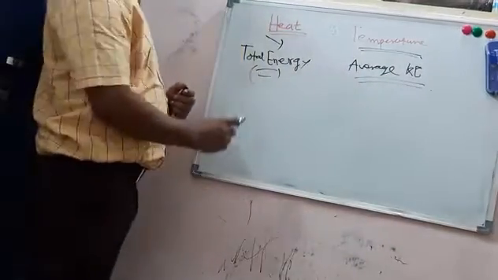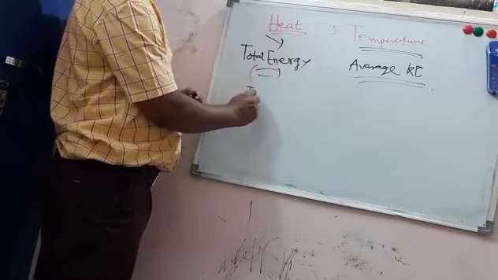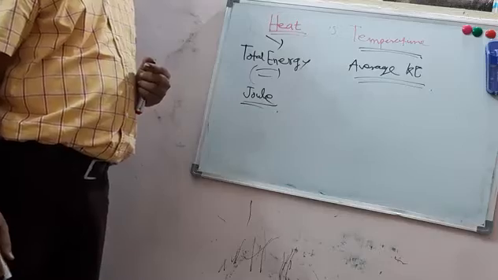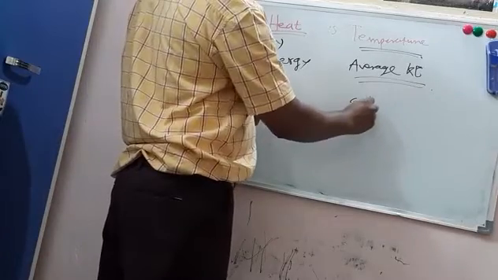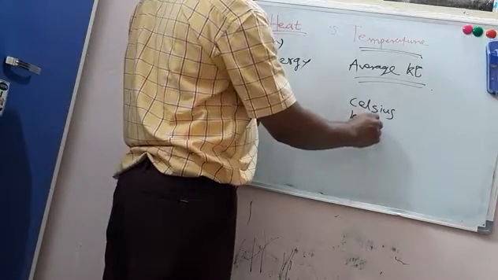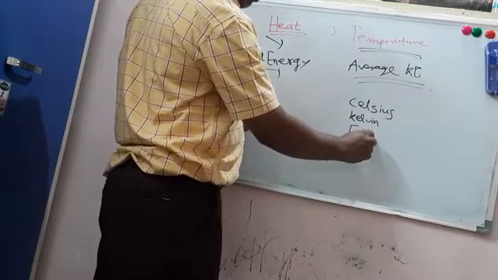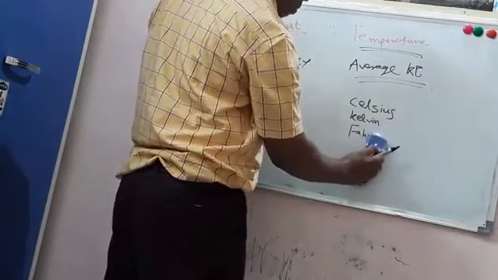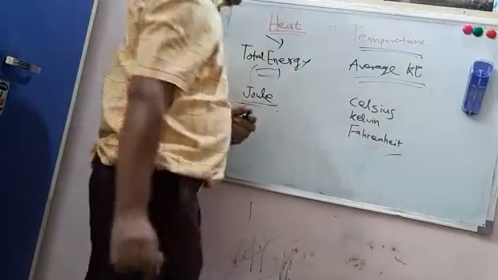So the unit of heat is the joule. And the units of temperature are Celsius, Kelvin, and Fahrenheit.